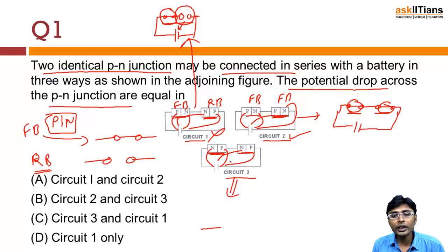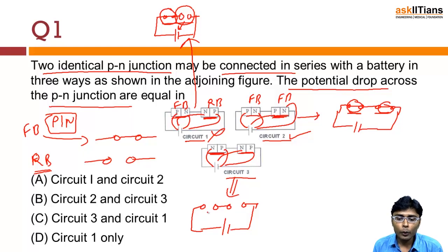That means in both cases the N type is connected to positive and the P type is connected to negative, so both diodes are in reverse bias. So we can replace them by open circuits, and therefore the potential drop across both will be equal and will be equal to the voltage applied from the external source.